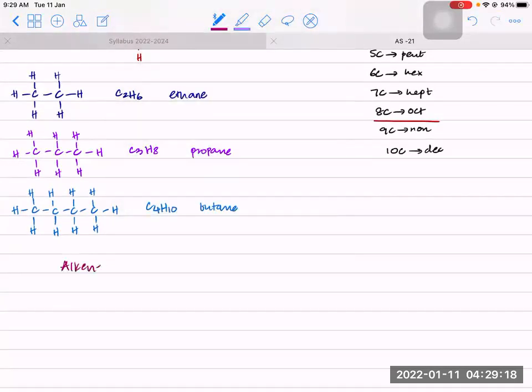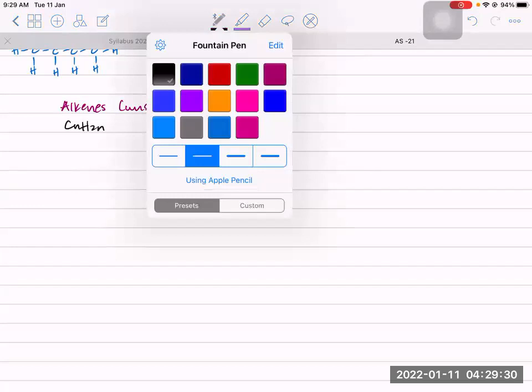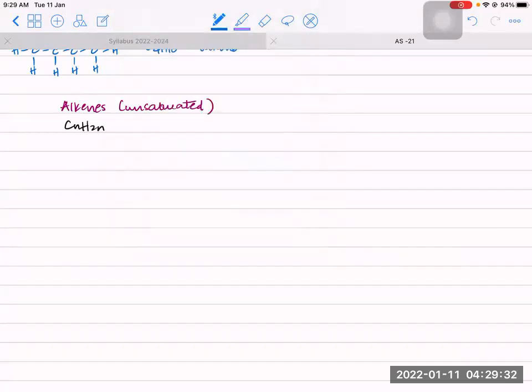Alkenes are unsaturated hydrocarbons. And why are they unsaturated? Because they have a carbon-carbon double bond. The general formula is CnH2n. Let's see the simplest alkene. The simplest alkene is a two carbon alkene because you need a carbon-carbon double bond.